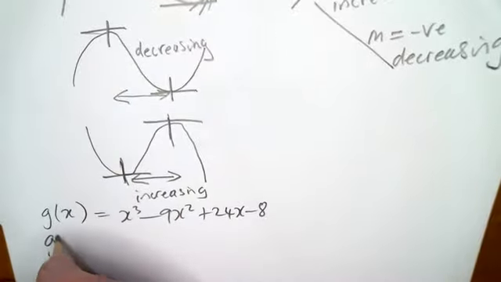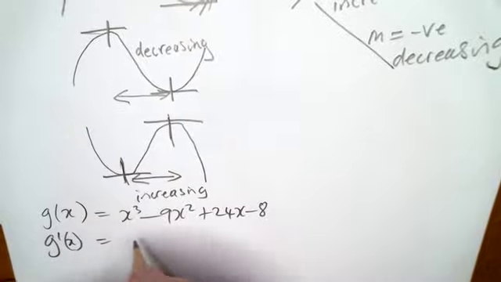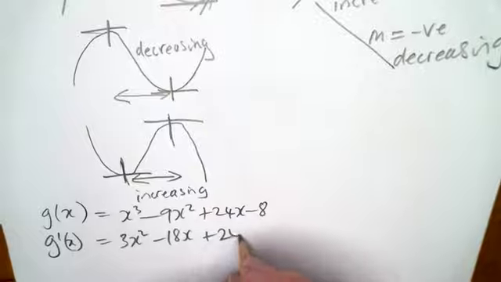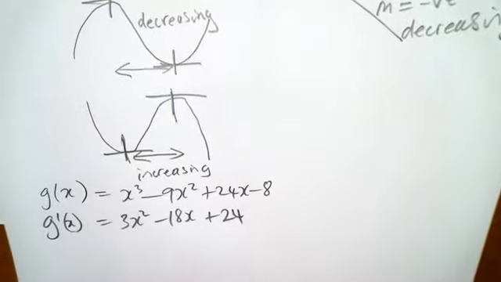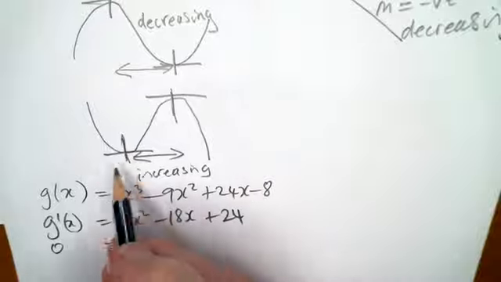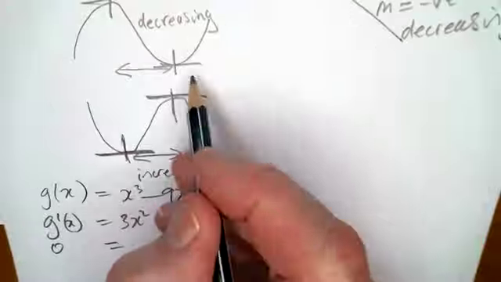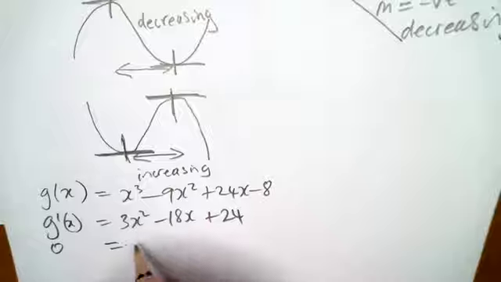So g prime x is going to be 3x squared minus 18x plus 24. Now, if I make it equal to 0, then obviously I'm talking about the points with gradient 0. In other words, they're these things here. And I can divide all this by 3 as well.